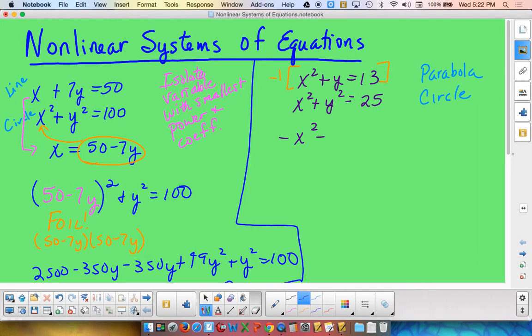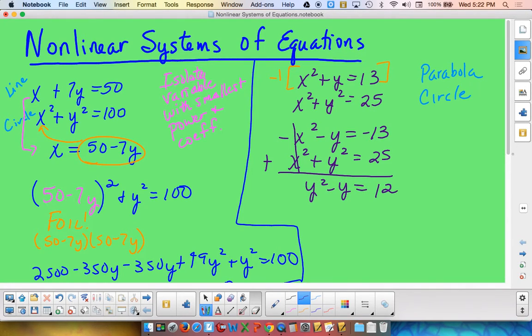So I have negative x squared, negative y, and a negative 13. The second equation I'm leaving alone. When I add down, x squareds are gone. Now, can I combine those y's? The answer would be no. One of them's y squared, one of them's y. So I'm actually going to write that out as y squared minus y equals 12.